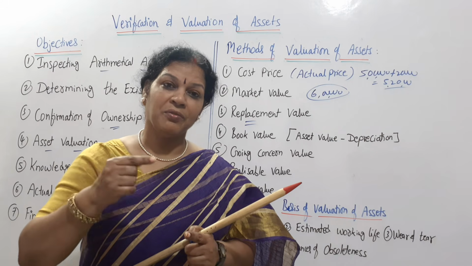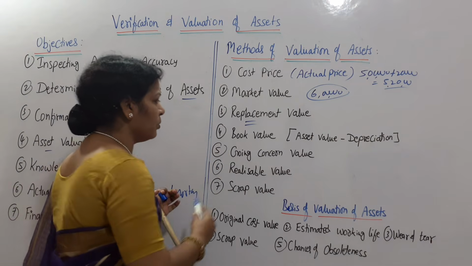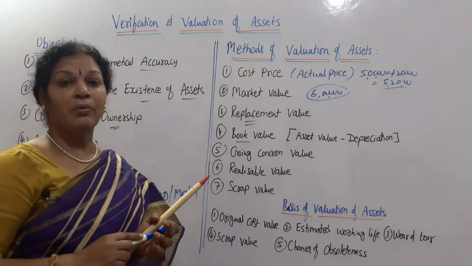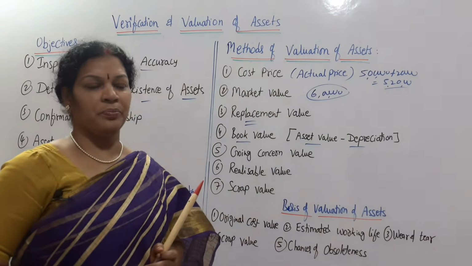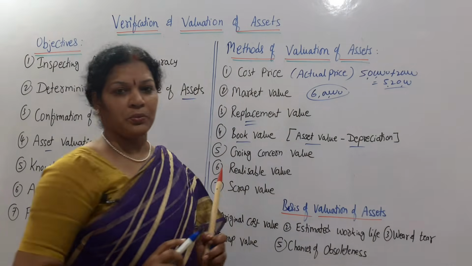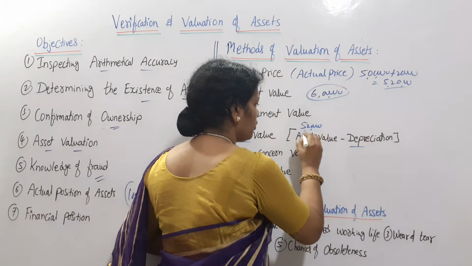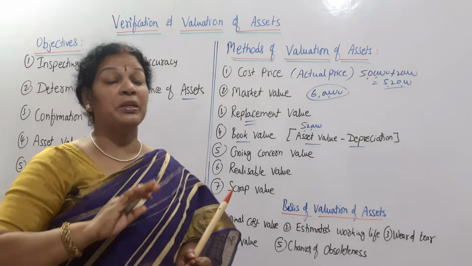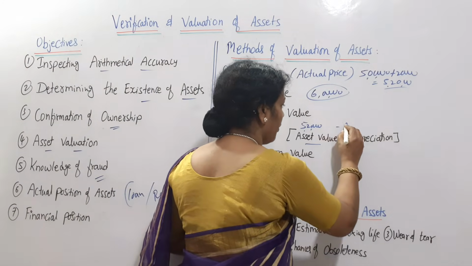The depreciation value, when we deduct it from the asset, will be the book value. What is this book value? Book value means asset value minus depreciation. Say the asset value is 5,20,000. So far I have kept a depreciation for this, say 40,000.